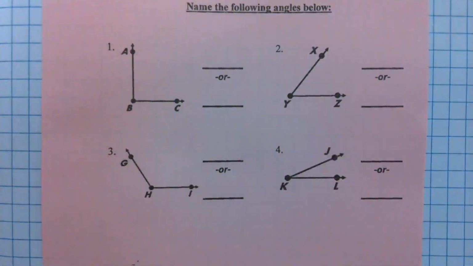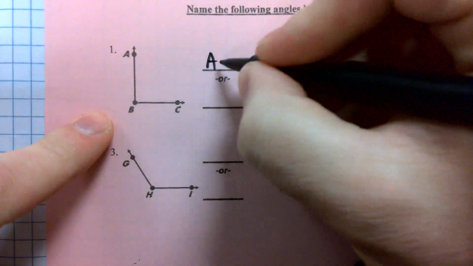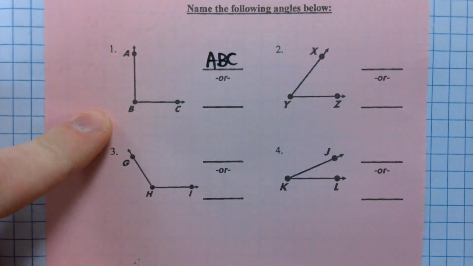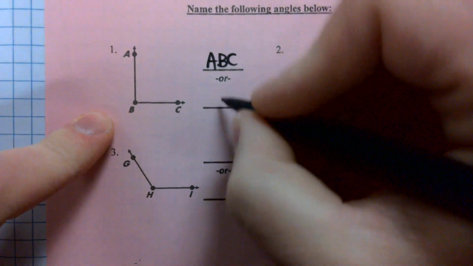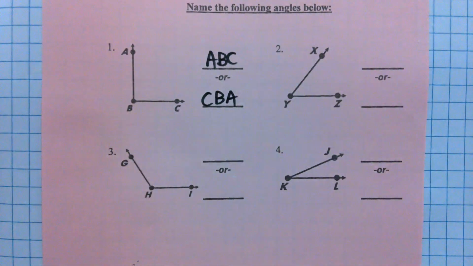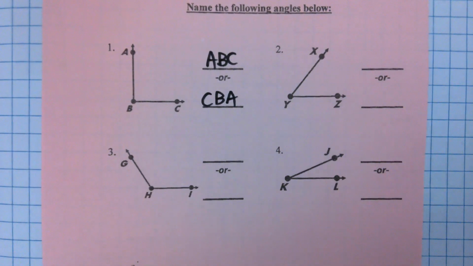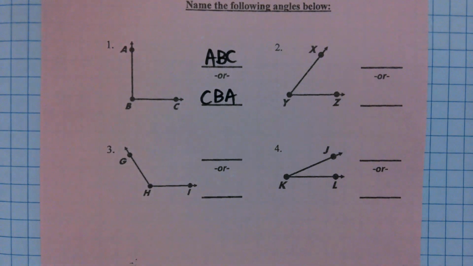Hope, what can we name this angle here? ABC. Darius, what else can we name it? CBA. Beautiful. See if you can name 2, 3, and 4. Take like 60 seconds, and we'll go through that together. Your midpoint needs to be in the middle. That's what matters. Endpoints can go at either the beginning or the end.